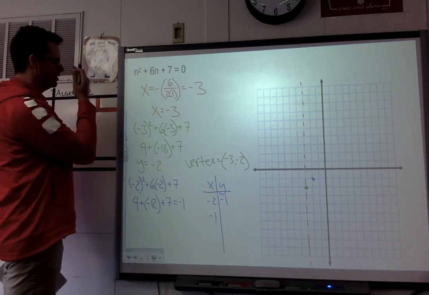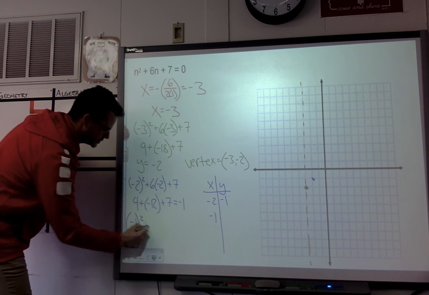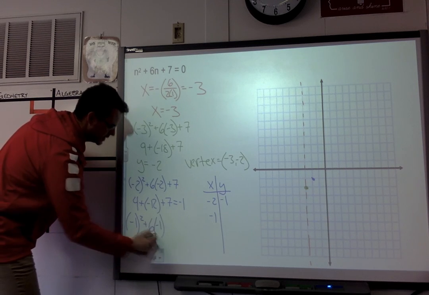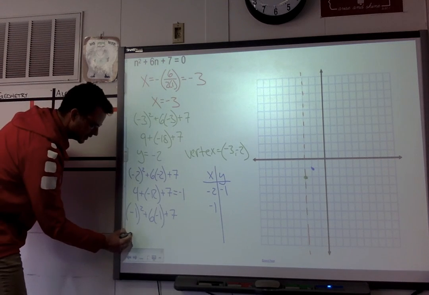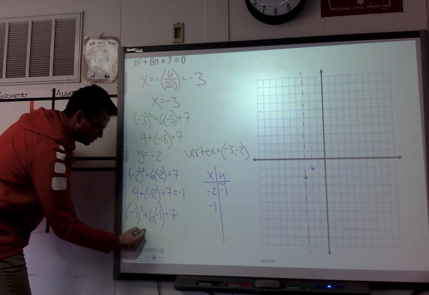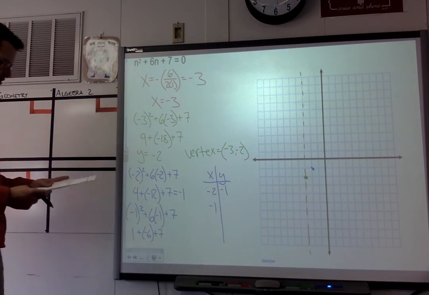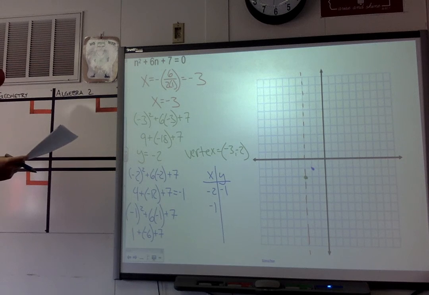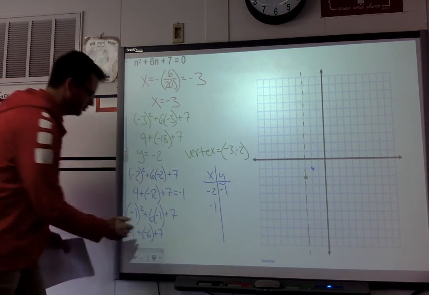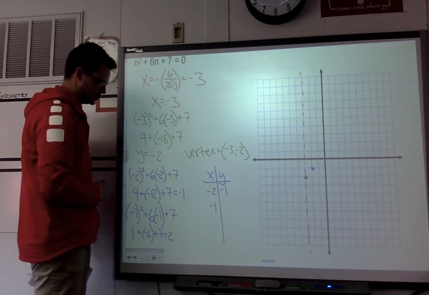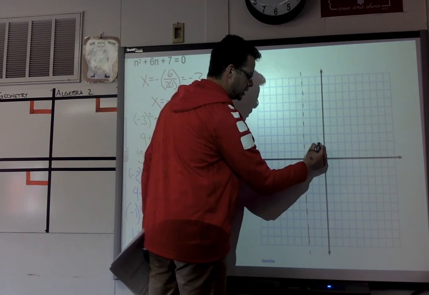Then if we plug -1 into our equation, -1 squared plus 6 times -1 plus 7, it's going to give us 1 plus -6 plus 7, which is -5 plus 7, giving us 2. So we're going to have a point at -1, 2.